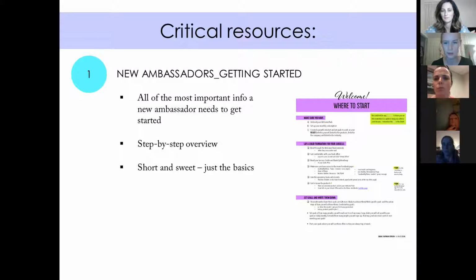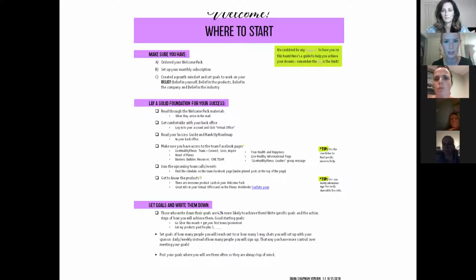So this is what it looks like. The basics of getting set up yourself, goal setting, some of the other basics as far as getting set up with team pages and stuff like that.